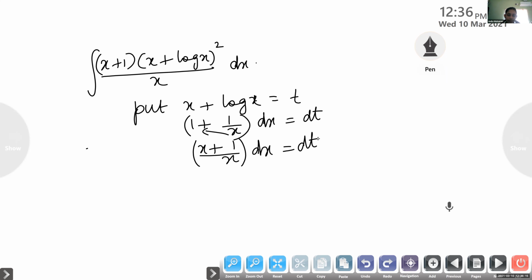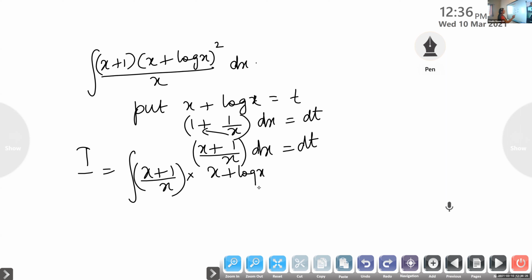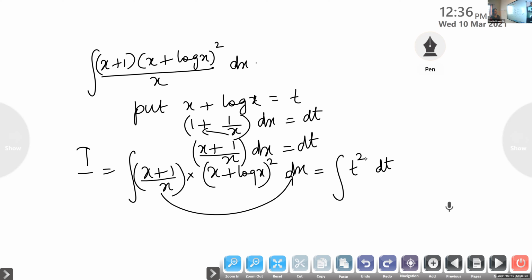Yes. So the given problem I, we can split as (x plus 1) by x into (x plus log x) the whole square into dx. Now (x plus 1) by x into dx, on combining, we can write as dt. So it is t square into dt, isn't it?